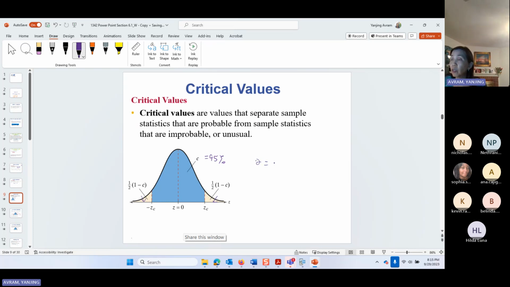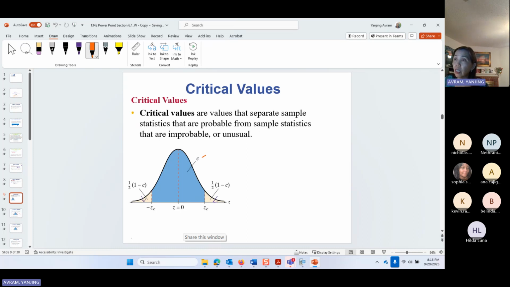Usually we use alpha to represent the error. We're going to talk about it next. So alpha is this kind of error, and my error here will be 5% if I have 95% confidence. So how do I find this critical value? We're going to use the Z-score.